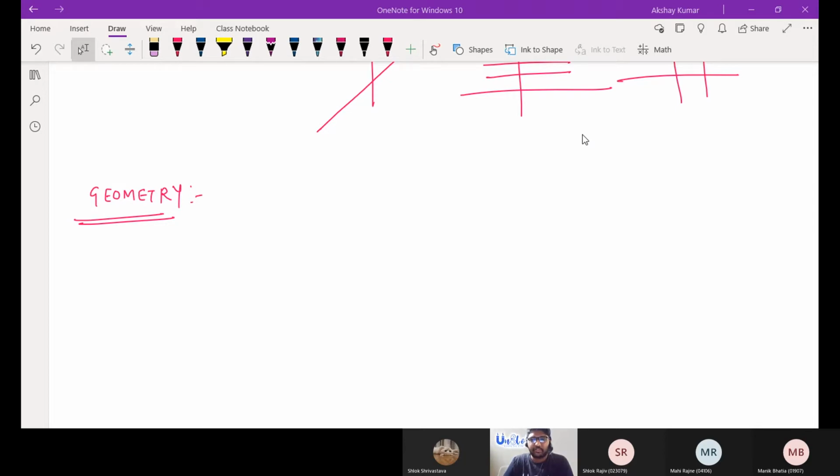Shlok, Rajiv, what do you understand by corresponding parts of congruent triangles? Since the two triangles are perfectly equal, suppose I have the triangles ABC and PQR, then AB should be equal to PQ.